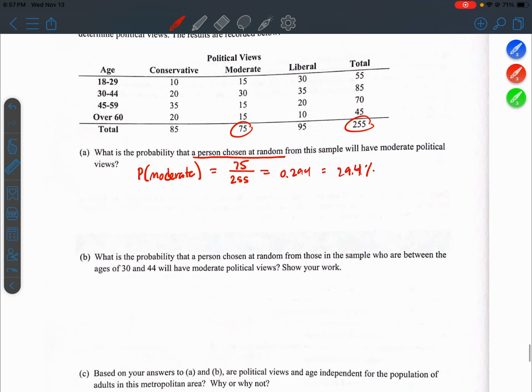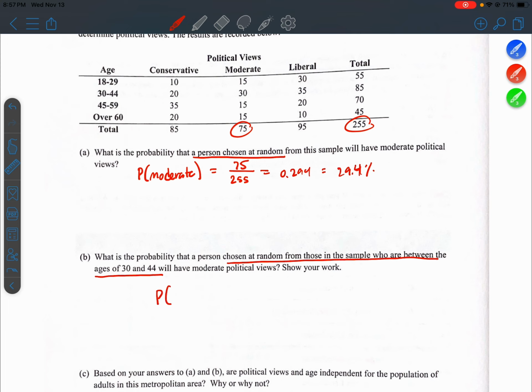Part B, what is the probability that a person chosen at random from those in the sample who are between the ages of 30 and 44 will have moderate political views? So we're not just choosing any person at random, but somebody from the 30 to 44 age group. So this is a conditional probability.